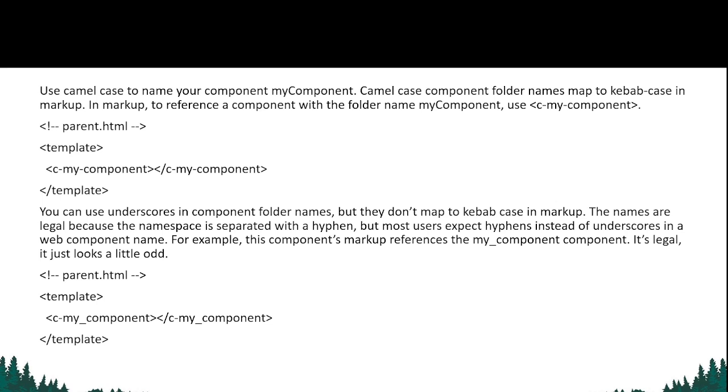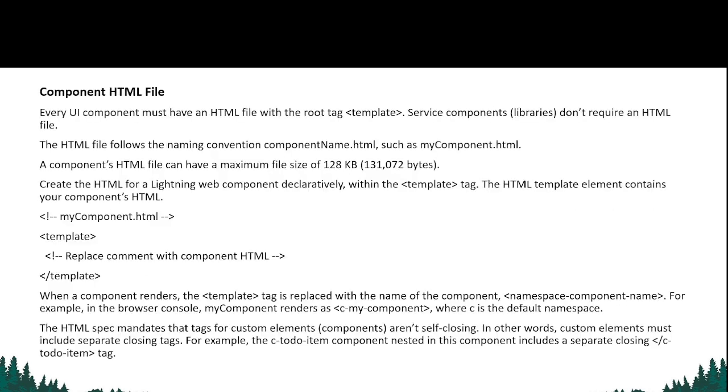So the names are always legal because the names are separated with the hyphen. If I do not give the hyphen, if I directly call the name, then it will not be accepted and it will give an error.